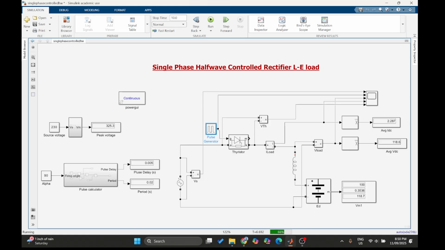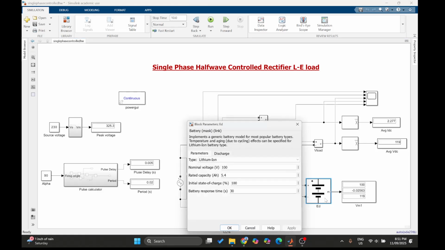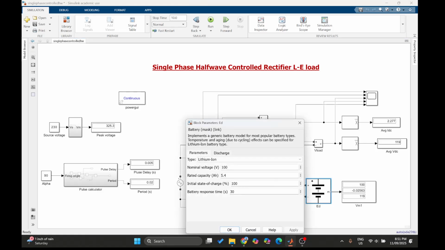Okay, now you can see that my nominal voltage is 100. So with the battery, I am almost getting 119 volt.